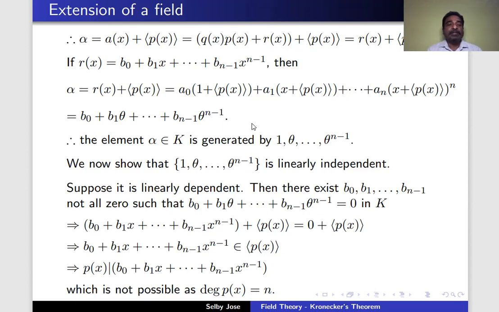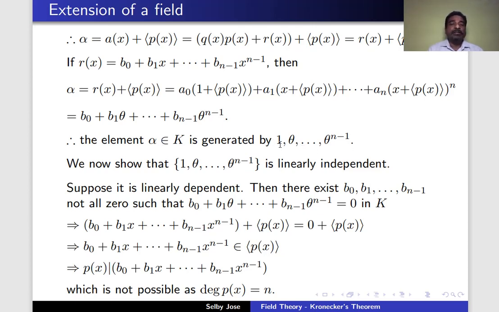That means any α belonging to K can be written as a linear combination of 1, θ, θ^(n-1), and therefore the set 1, θ, and so on, θ^(n-1) generates K.